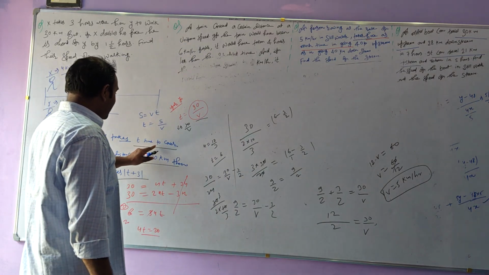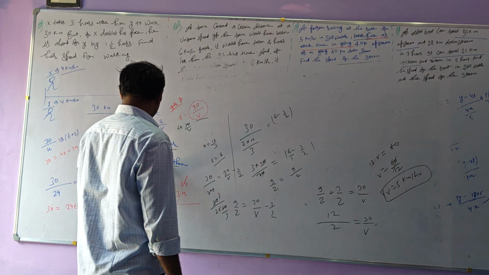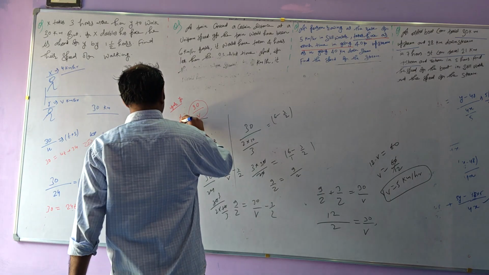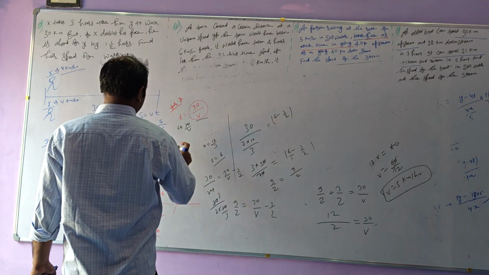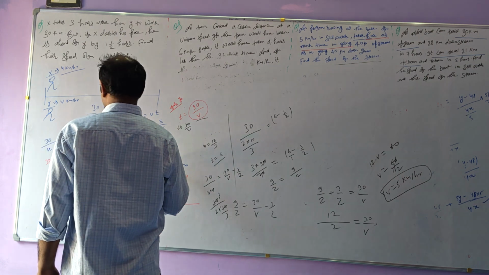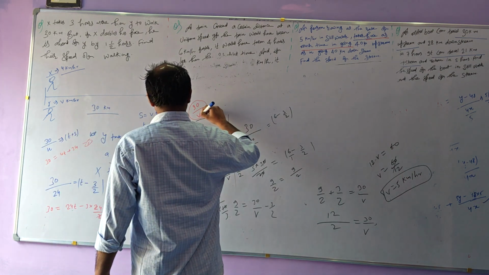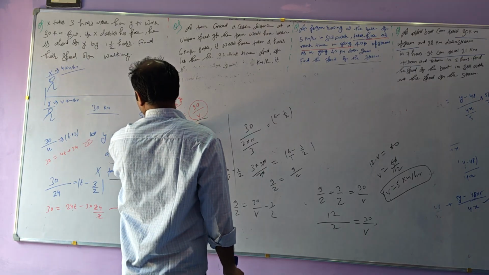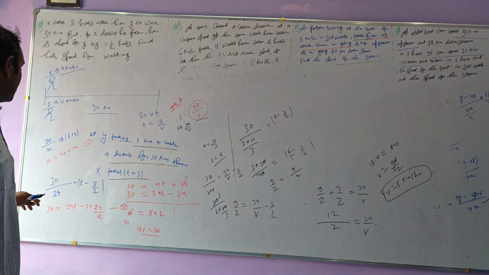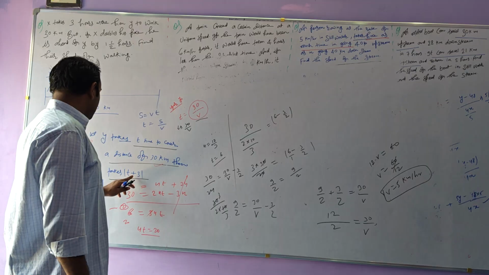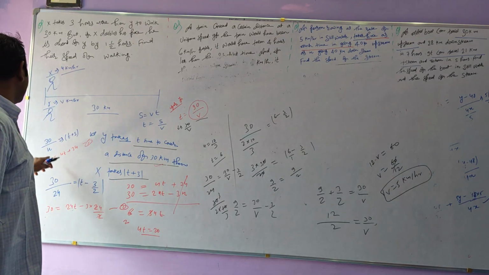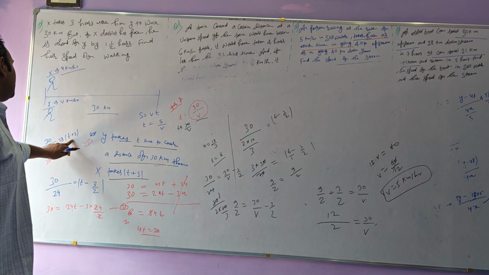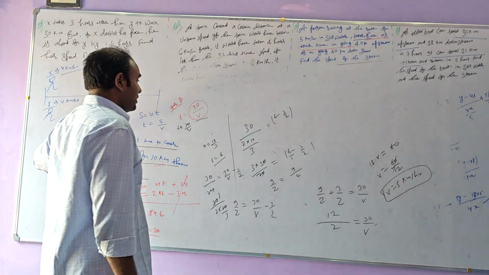Let Y take t time to cover a distance of 30 kilometers. That becomes 30 upon v. Speed of Y is v. Then 30 upon v, and X takes t plus 3 hours. That becomes 30 upon u, that is t plus 3 hours.